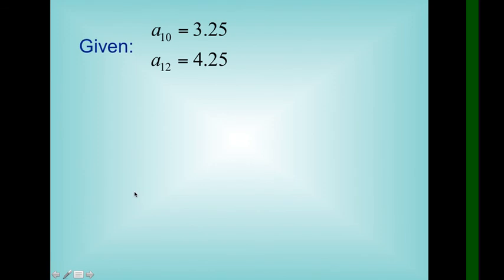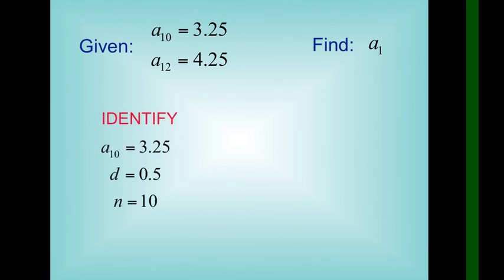Alright. Now, a sub 10 equals 3.25, a sub 12 equals 4.25, find a sub 1. So, identify first, we have a sub 10, which is 3.25, okay? And then d is equal to 0.5, and n equals 10. So, now, after we found that d is equal to 0.5, we can now find a sub 1.